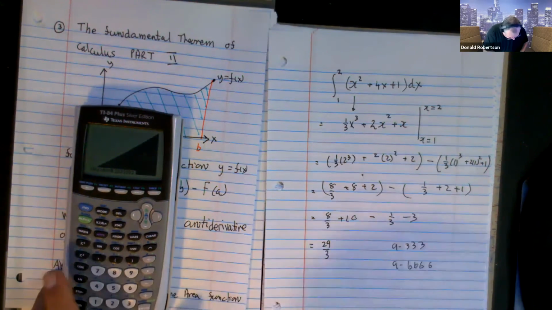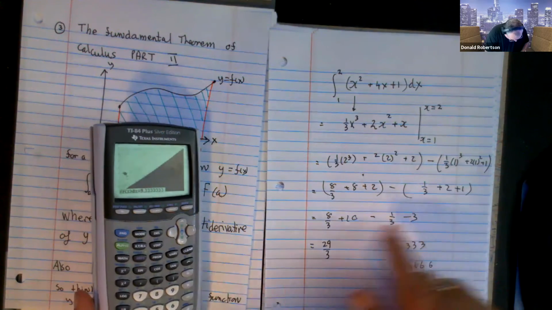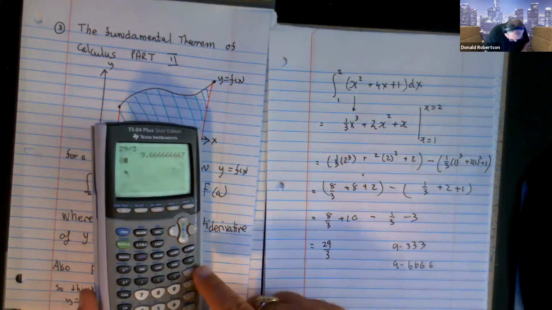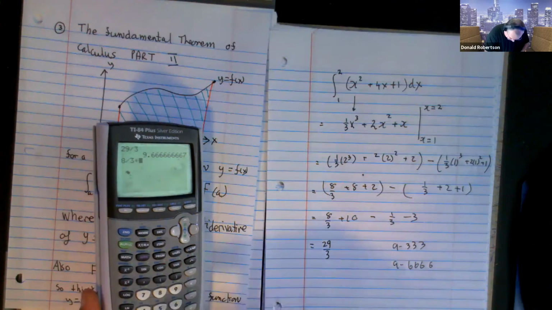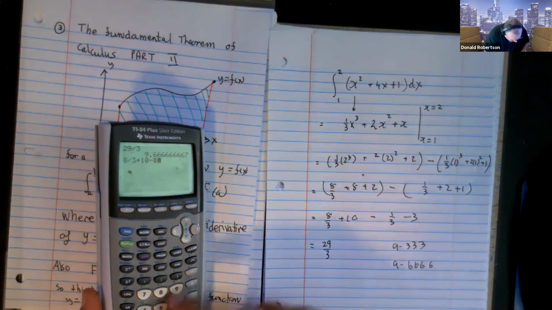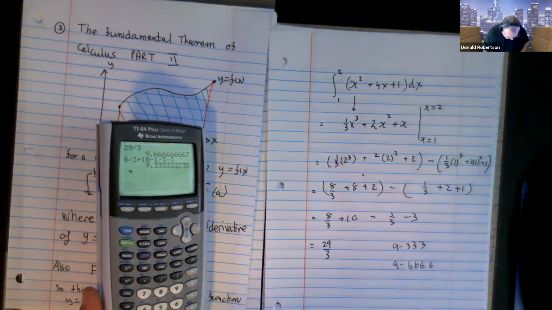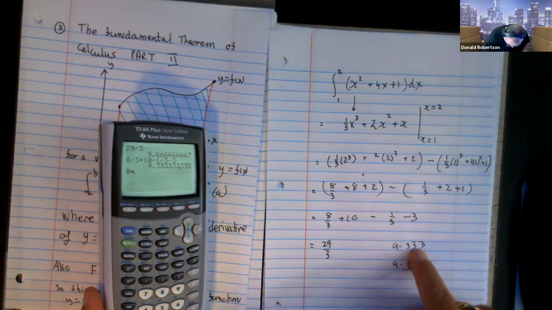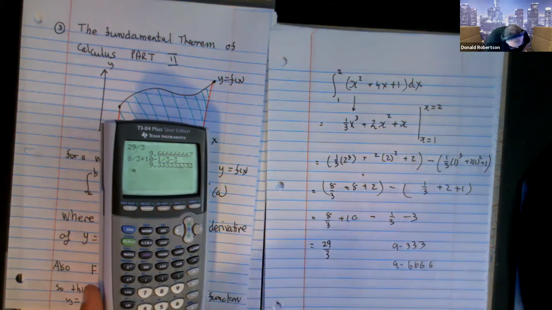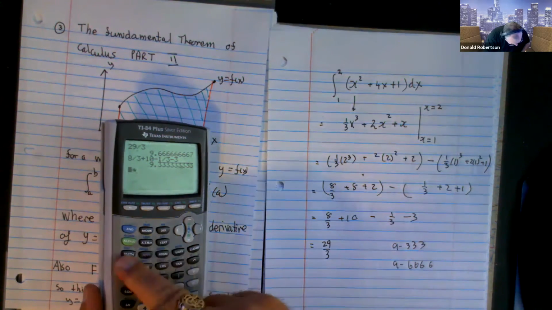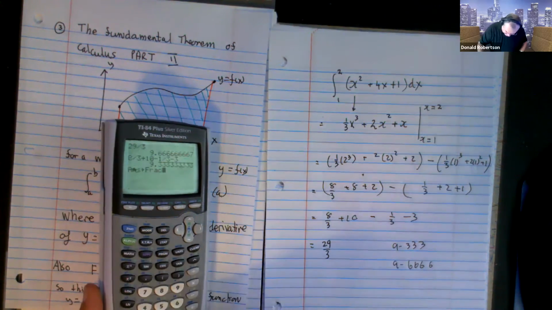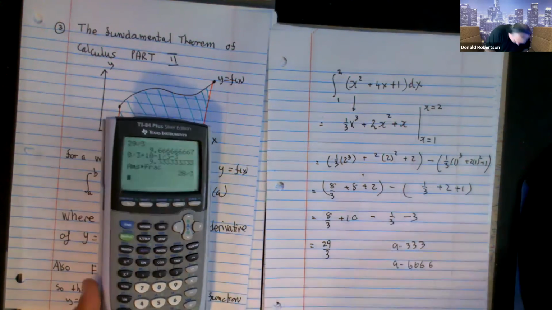Okay, I'm going to do that in the calculator. 8 thirds, add 10, take away 1 third, take away 3. There's the guy. Make that a fraction. There we go. I didn't count right.